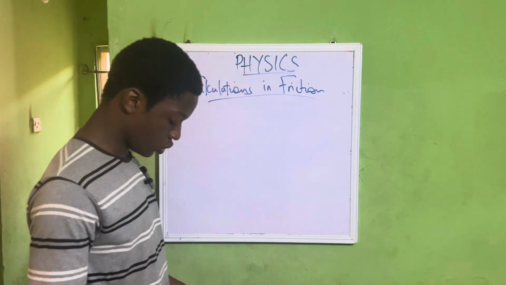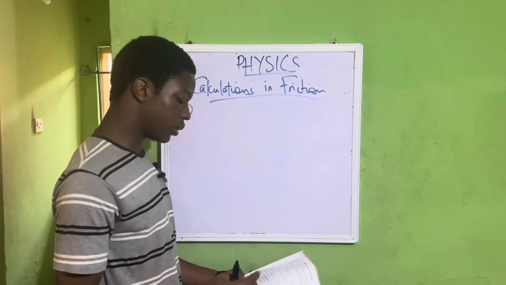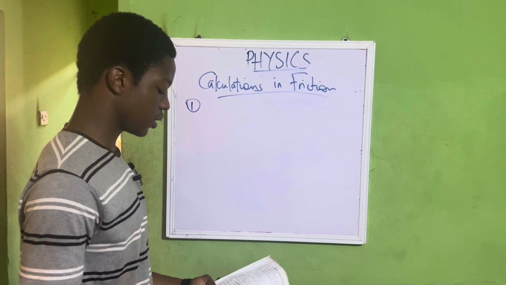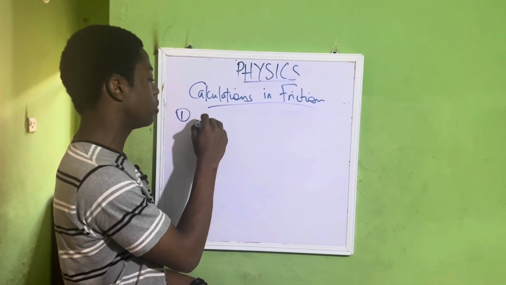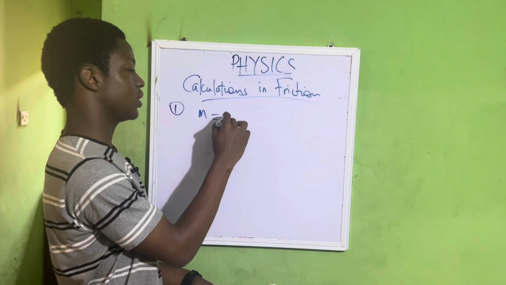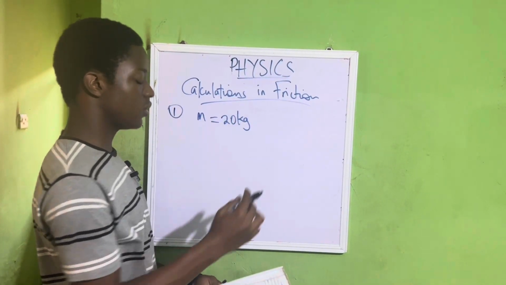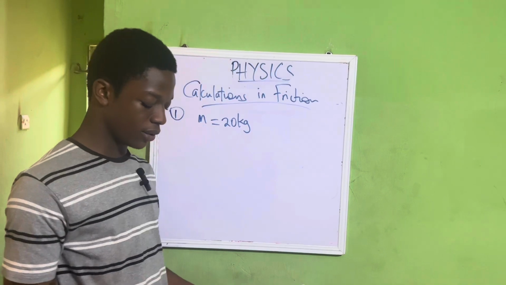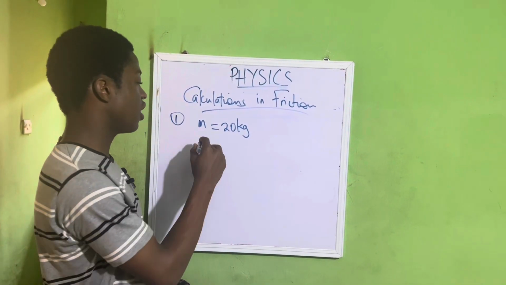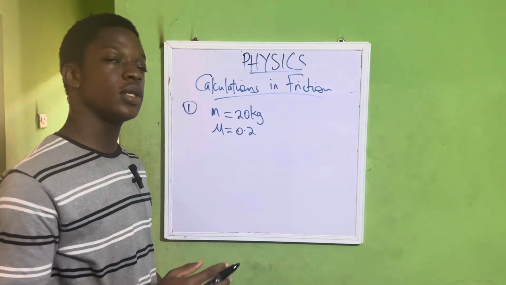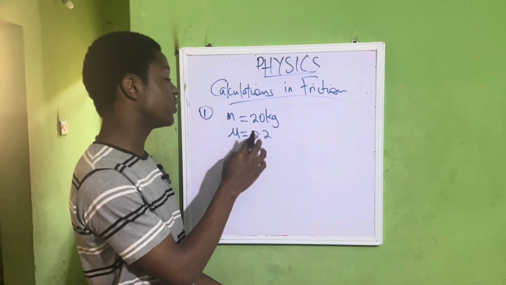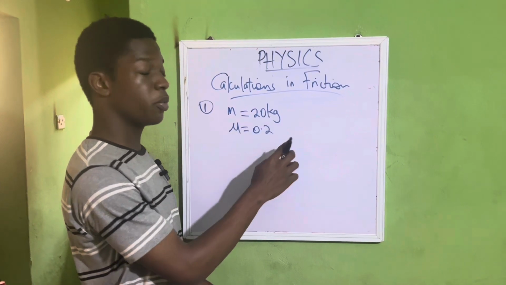So the first question: calculate the magnitude of force required to just move a 20 kilogram object. M equals 20 kilograms. So the mass of the object is 20 kilograms, along a horizontal surface, if the coefficient of friction mu is equal to 0.2.